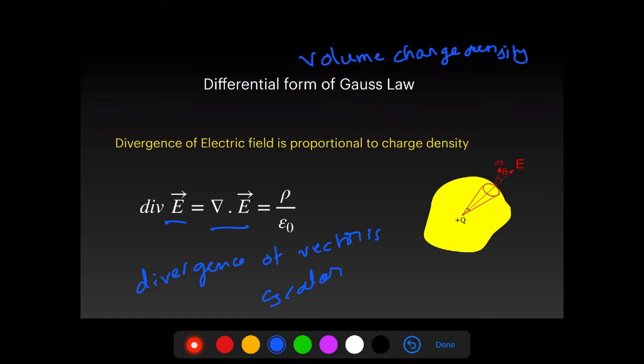So del dot E bar equals rho by epsilon naught. Please note down that formula.